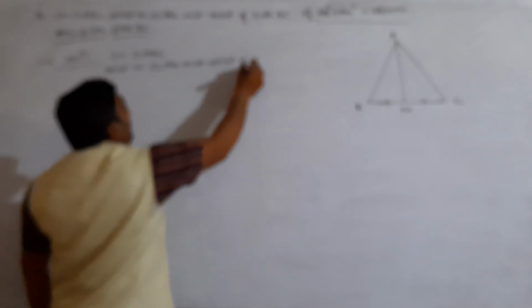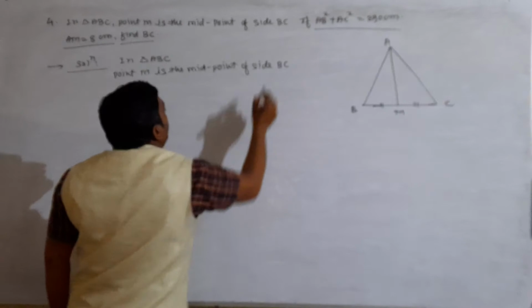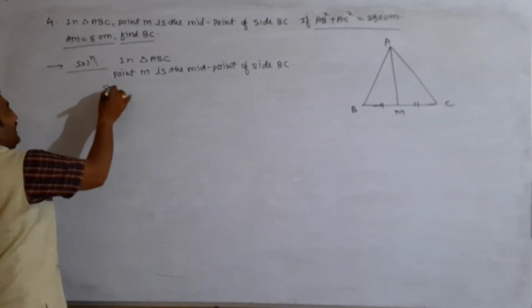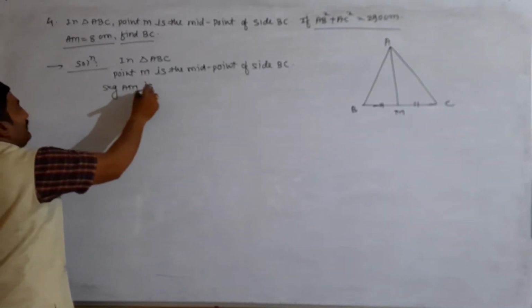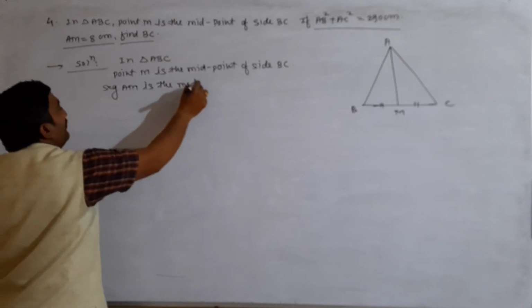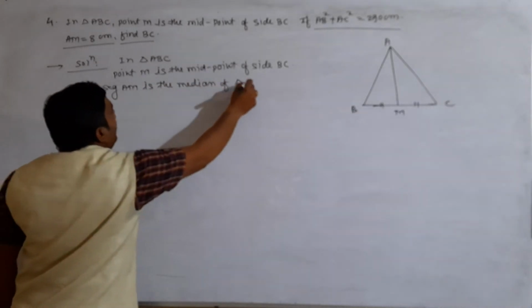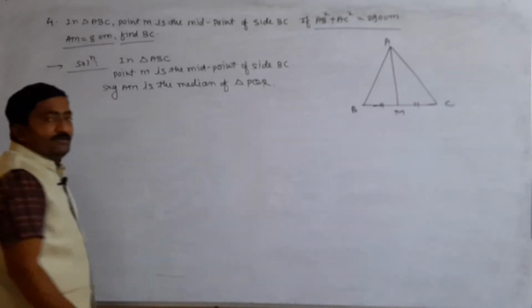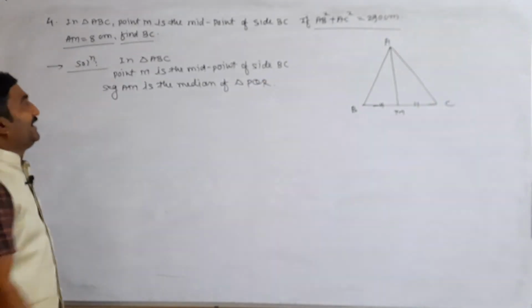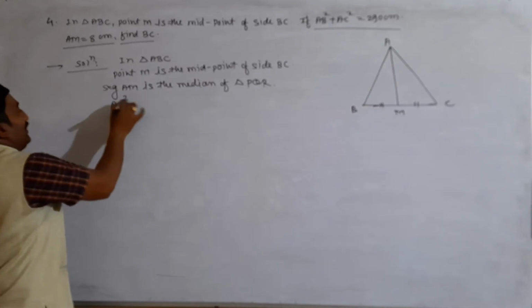Solution: in triangle ABC, M is the midpoint of side BC. It means segment AM is the median of the triangle. And we know that when one median is given in a triangle, then we use Apollonius theorem.